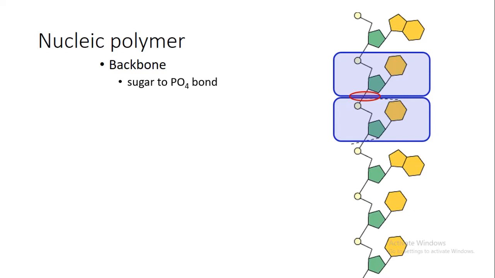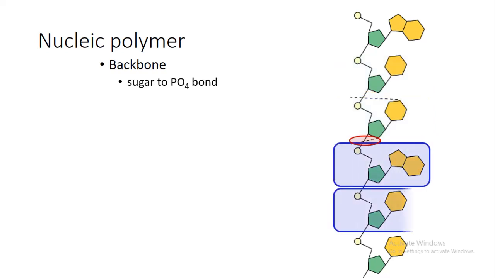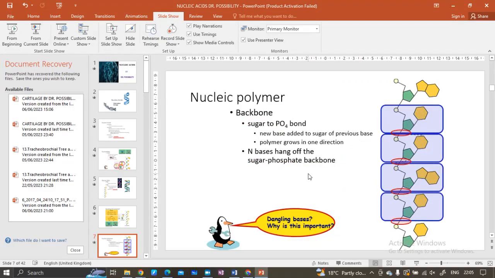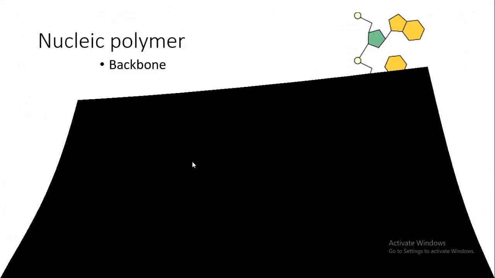That bond is created between the phosphate group and the ribose sugar, and it forms part of the backbone of nucleic acid. I hope that is clear. Is it clear? You're welcome. Okay. Yes.